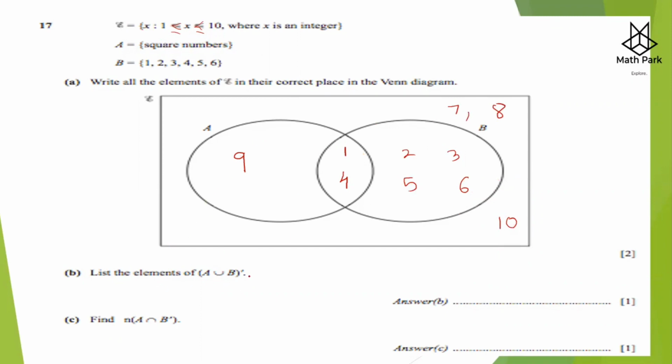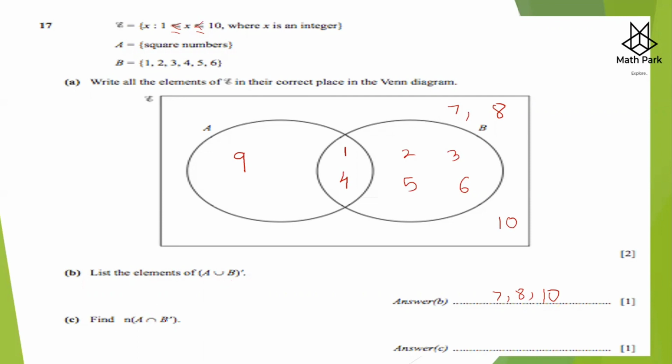List the elements of A union B complement. So which is not in A union B, and those are 7, 8 and 10. These are the elements which are not in A union B. So that is A, they are in the A union B complement. Now find N of A intersection B complement.